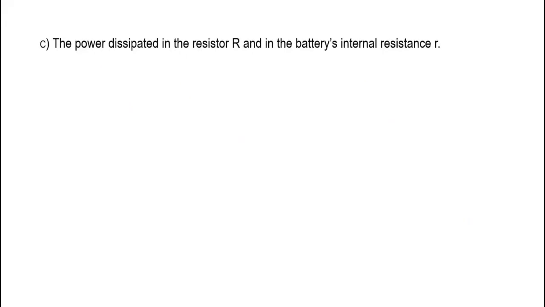Now let's find the power dissipated in the resistor and in the battery's internal resistance. The power dissipated in this resistor R is R times I squared. R is 50 ohms, and the current I is 0.2367 amps squared.